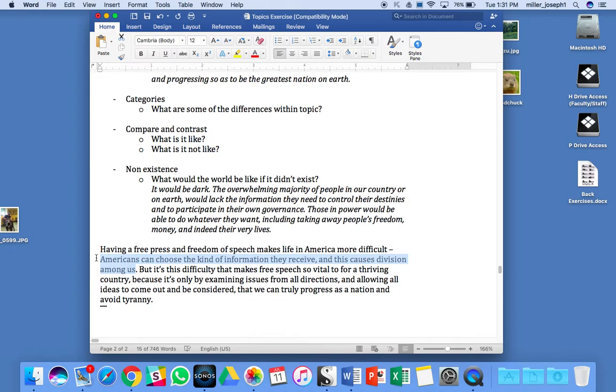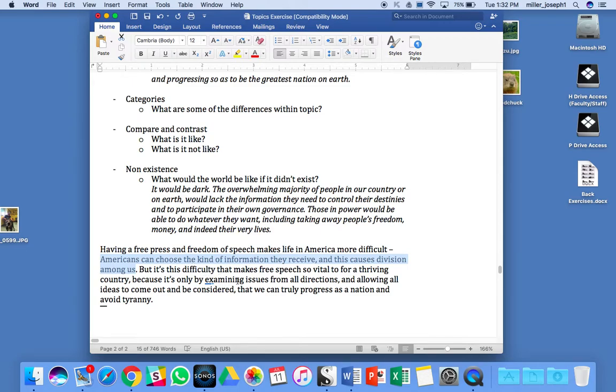I could certainly offer the examples of MSNBC being a liberal station and Fox News being a conservative station, and then give evidence about how Congress is always deadlocked and the Democrats are always against Donald Trump and Donald Trump is against this person and that person.